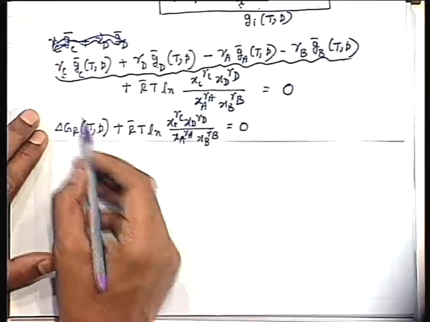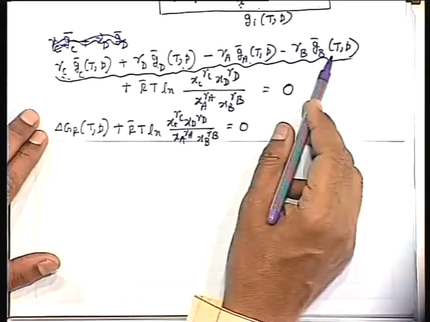So delta G at T and P is this plus this minus this minus this.